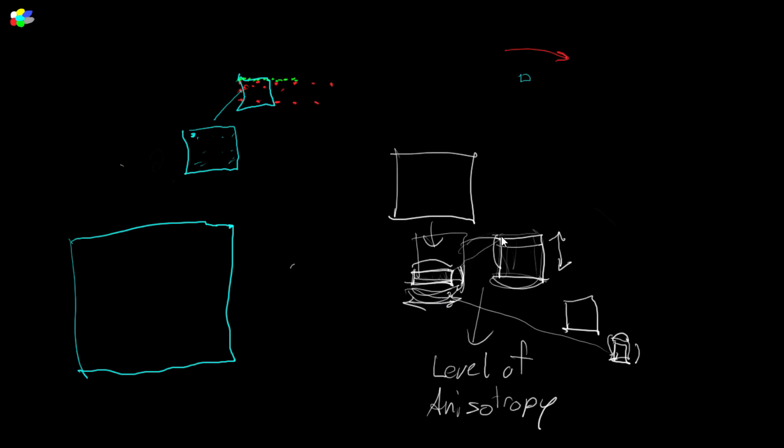But there is a maximum that it can go up to, and it depends on the GPU, but generally it's 16. So a ratio of 1-to-16 is the best you can get. But you can also limit that in settings with Direct3D. So you can say, you can do anisotropy, but only to a maximum of a level of 1-to-4. Anything beyond that, don't try any harder.